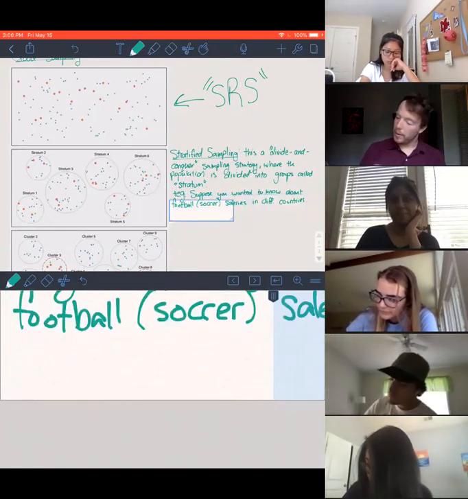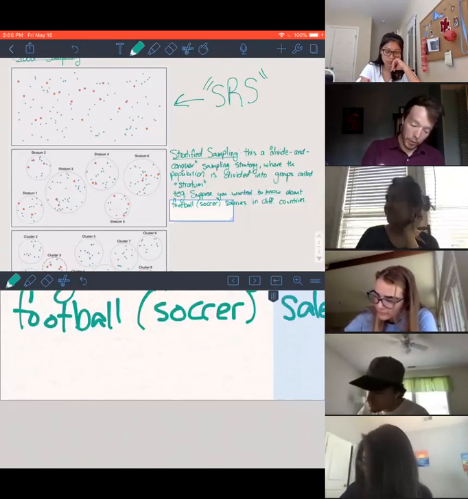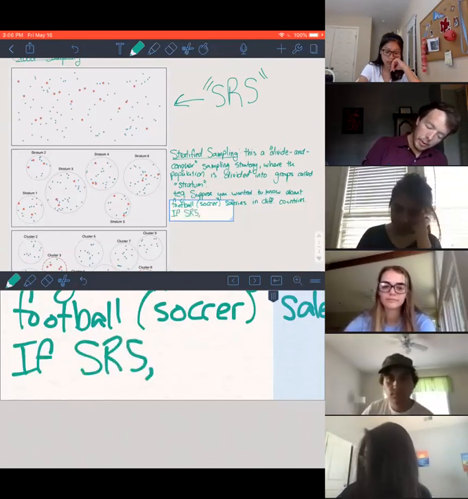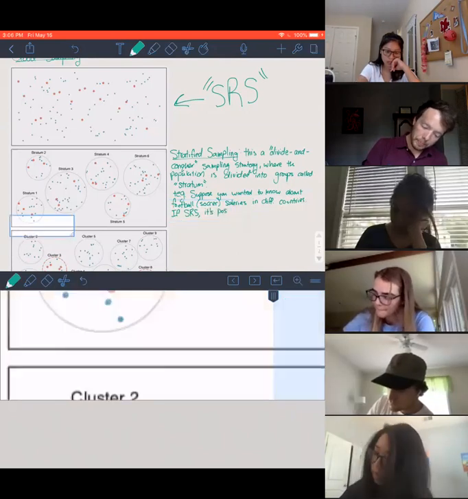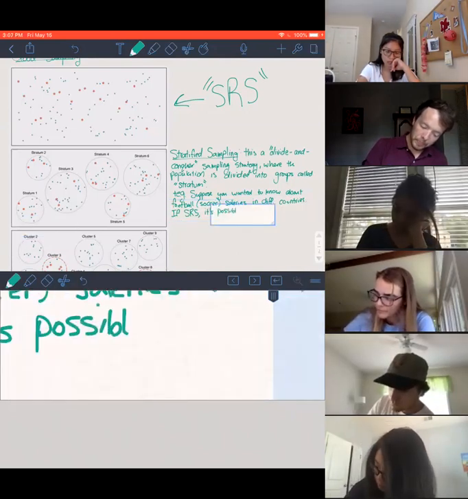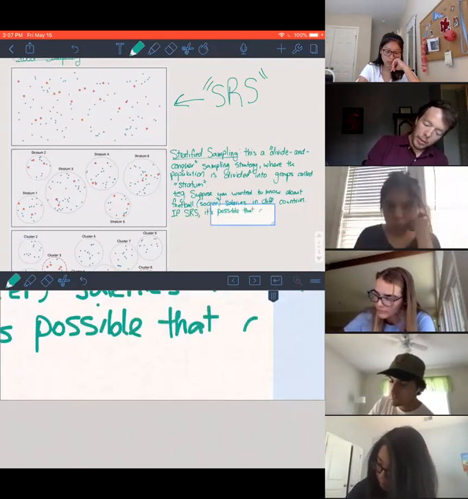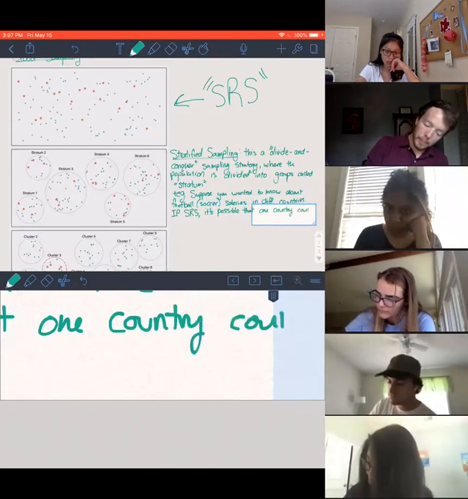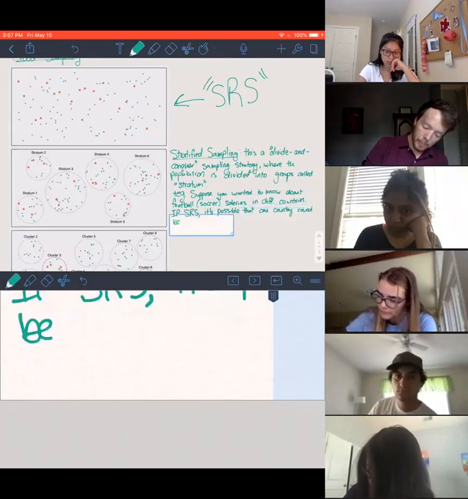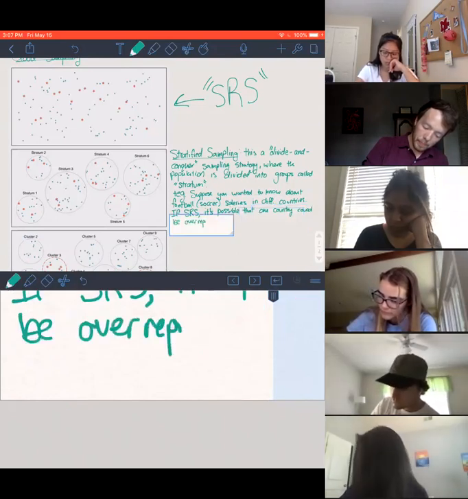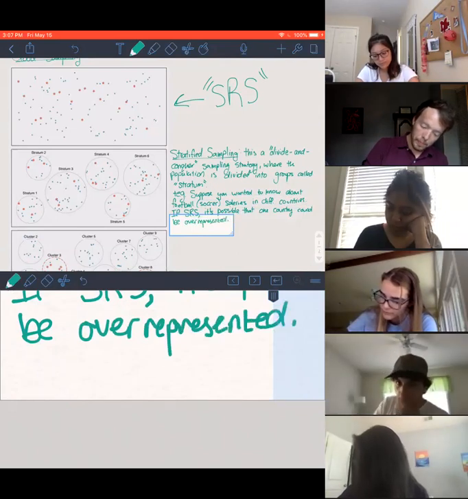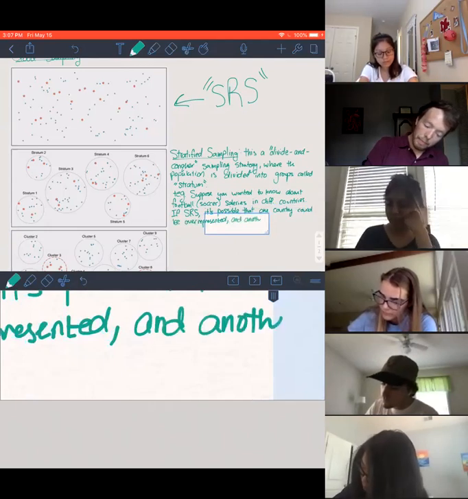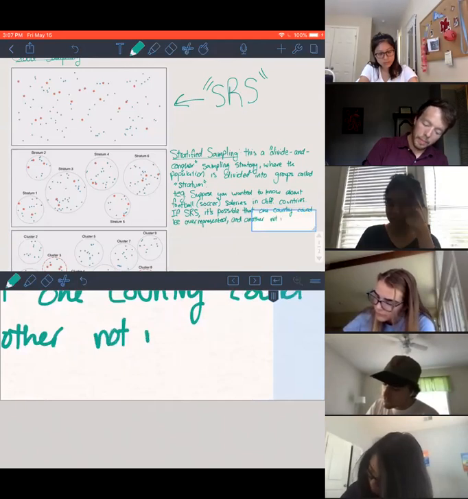So rather than draw a simple random sample, if you were to simple random sample, it's possible that one country could be overrepresented and another not represented at all.